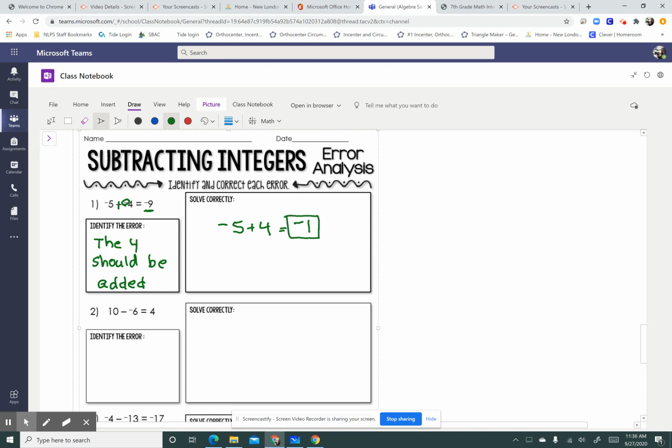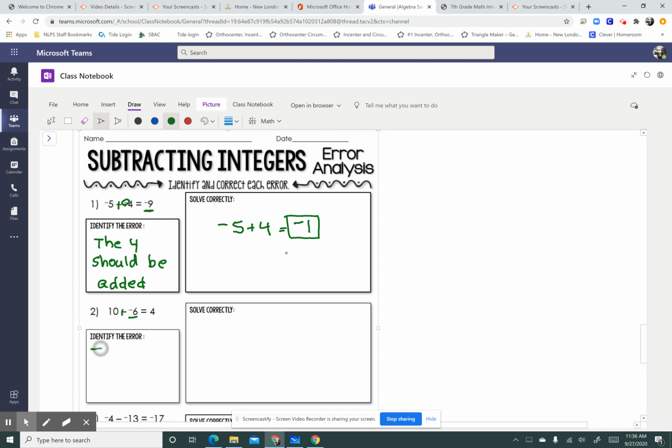In our second example, we have 10 minus negative 6, and they said that the answer is 4. What did they do wrong? Well, this 6 should be a positive 6, which was added to 10.